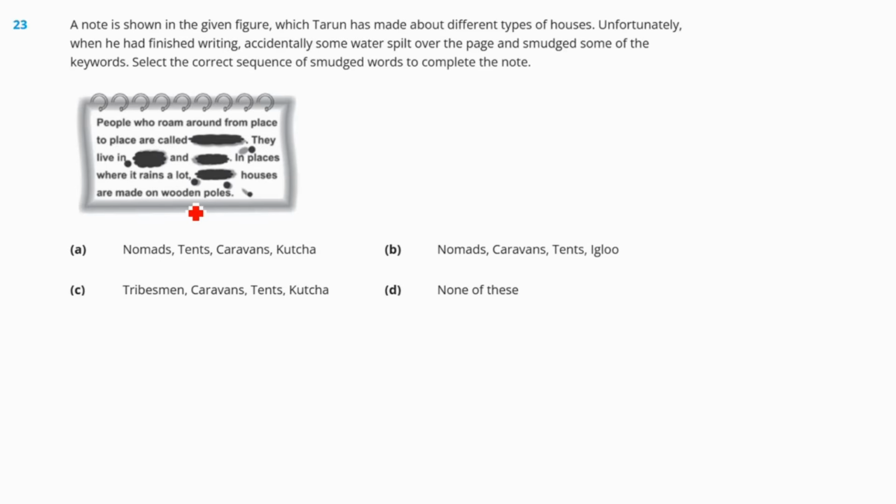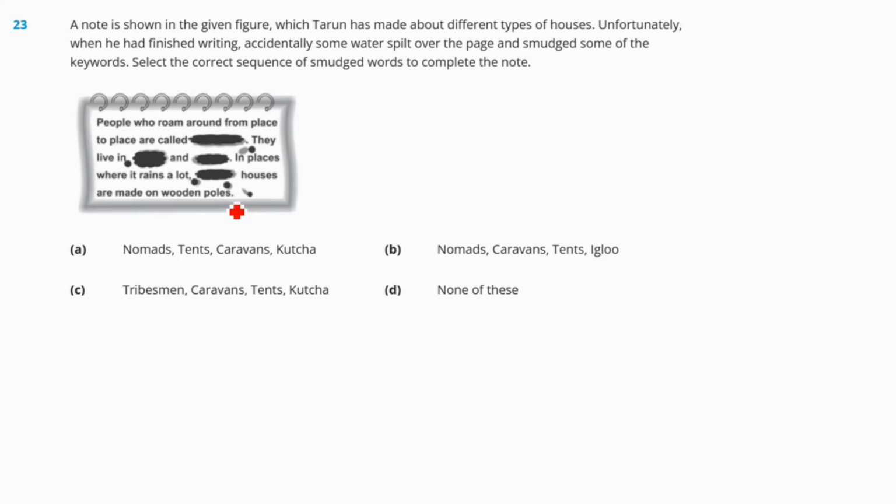People who roam around from place to place are called nomads, right? They live in different types of houses, dash and dash. They live in dens, they live on trees also. In places where it rains a lot, dash houses are made of wooden poles.